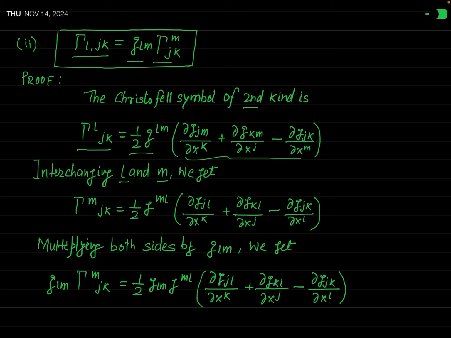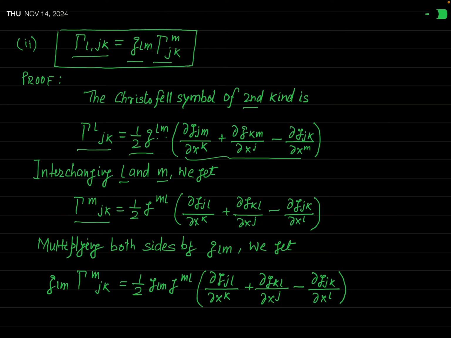So this second kind Christoffel symbol will now be written as Γ^m_jk, and here 1/2 g^ml. Instead of l I have written m, and instead of m I have written l.